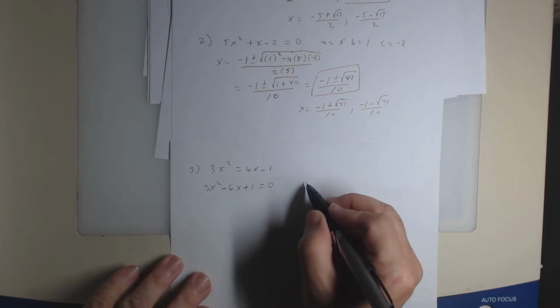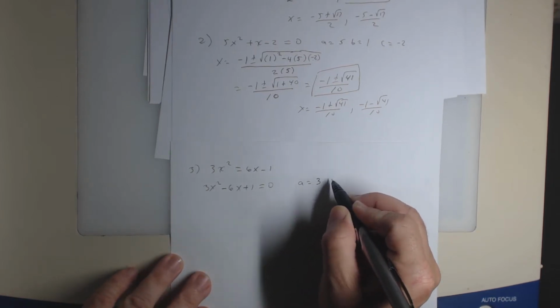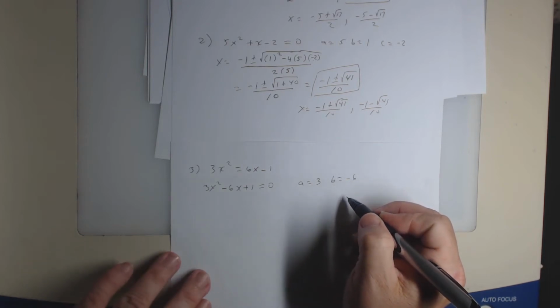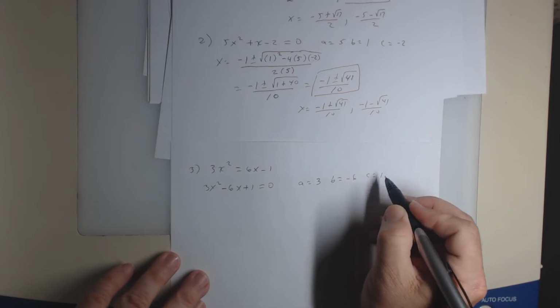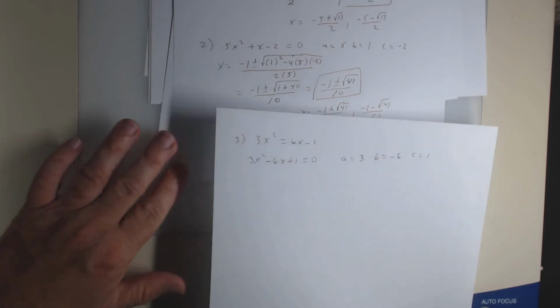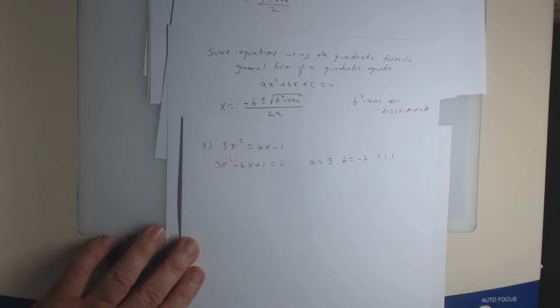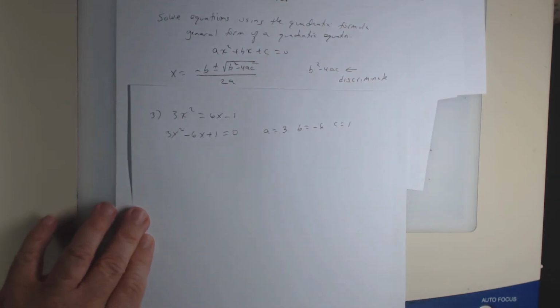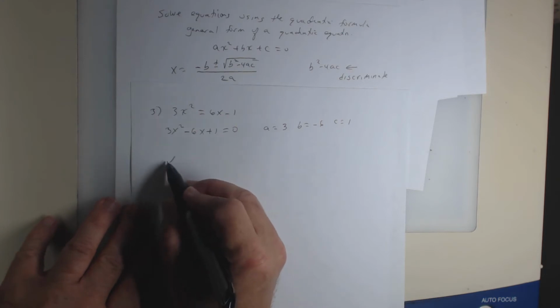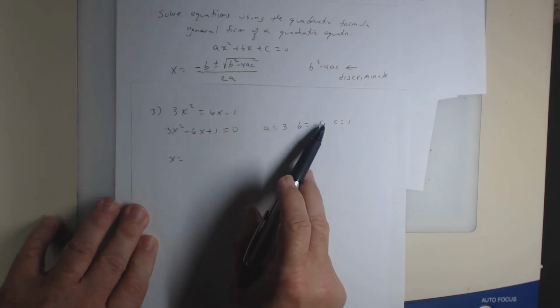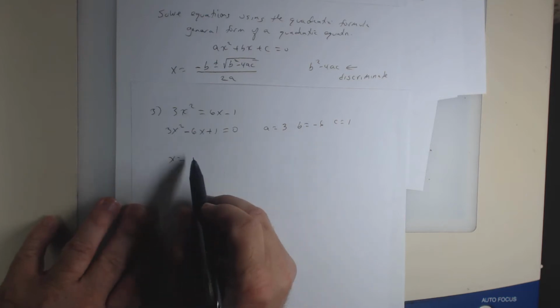So then what's A? What's B? Negative 6. Not 6, but a negative 6. And what's C? 1. And you just plug your values back into this formula. So I'm going to get x equals. This says I take the opposite of B. Well, if B is a negative 6, what's the opposite of negative 6?